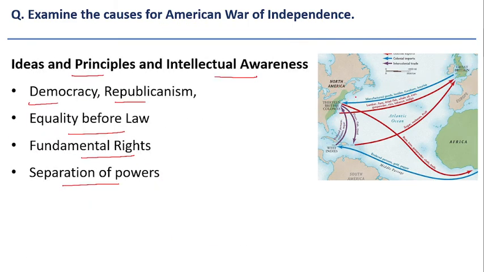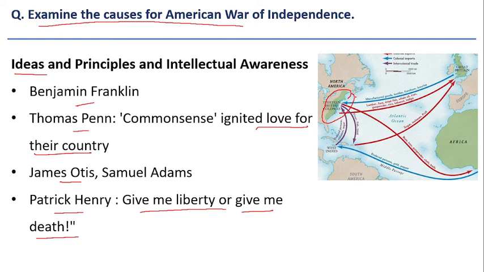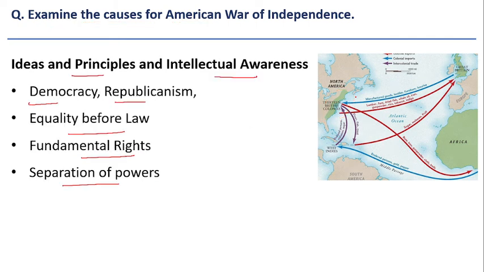Here let us recap. One is ideas and principles. They became mature enough to rule for themselves, and they wanted modern principles like democracy, republicanism, fundamental rights, and separation of powers. After becoming independent, they followed these principles, and even today America follows them, and it became a beacon of democracy for the entire world.